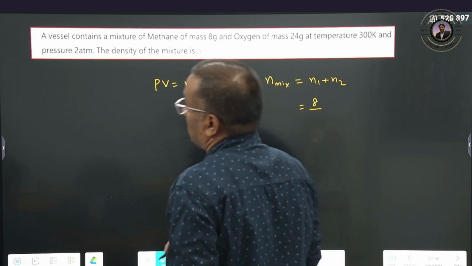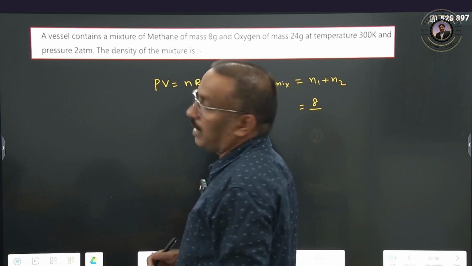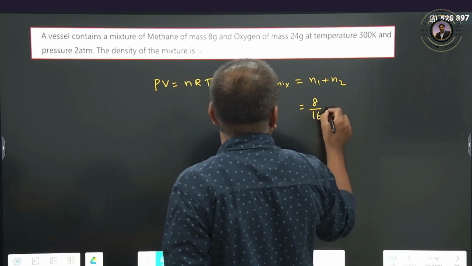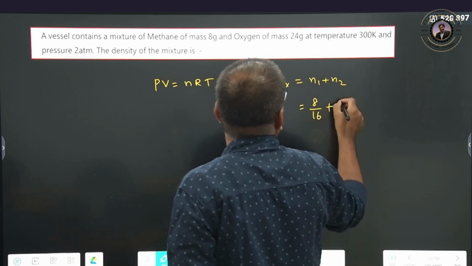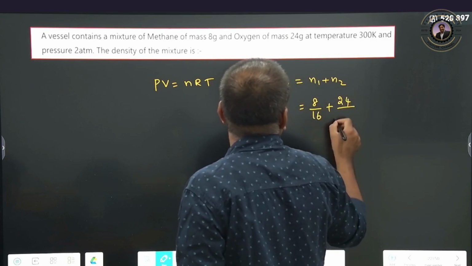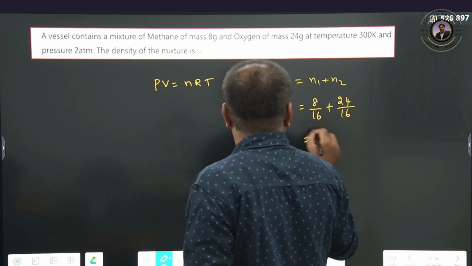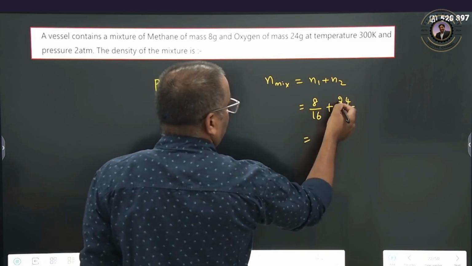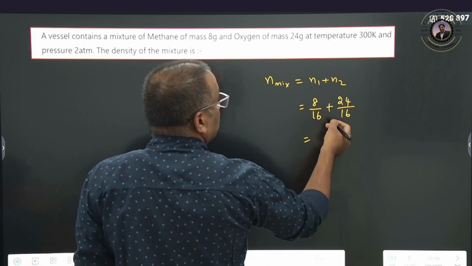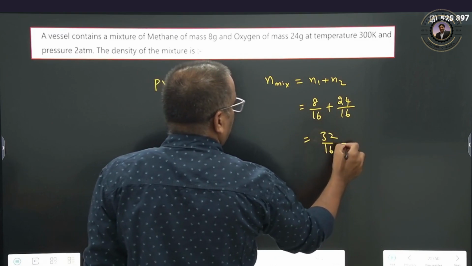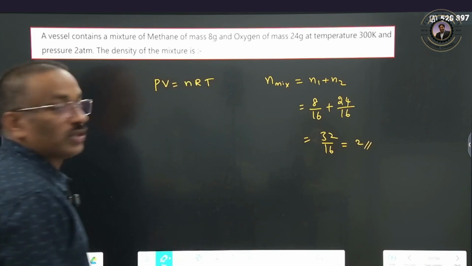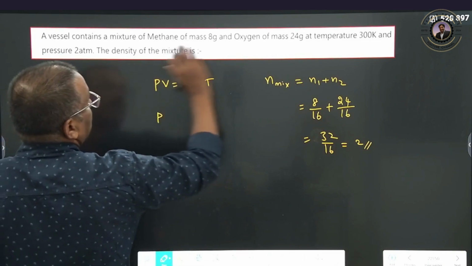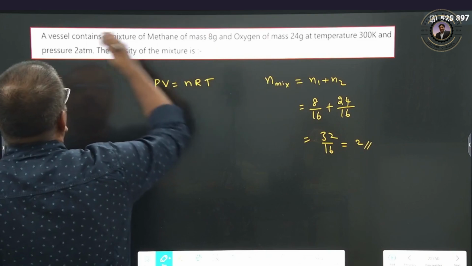What is methane? CH4, so carbon is 12 plus 4, 16, therefore 16, plus 24 grams divided by also 16. Clear? How much will it be? 8 plus 24 is 32 divided by 16, therefore it is 2. So that is n of the mixture. These are mixed at a certain temperature, and pressure is given.